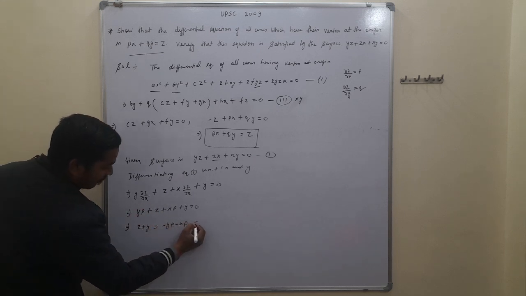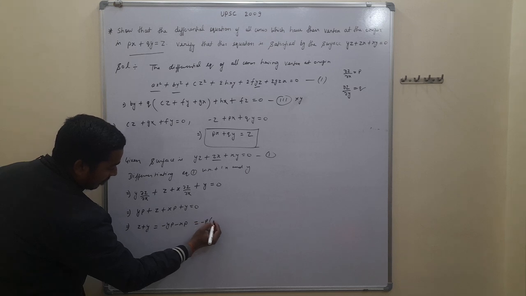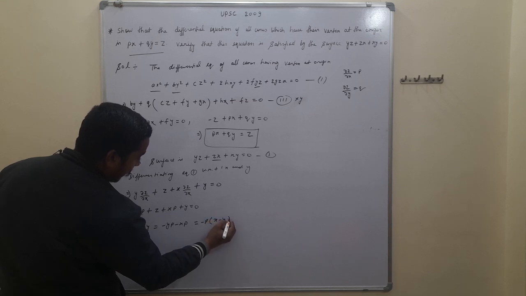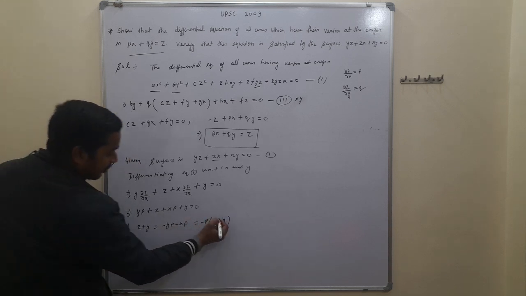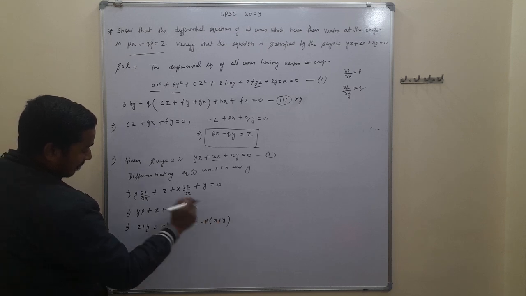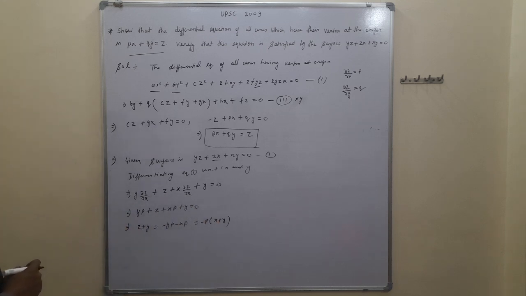Further, we have to take minus p common. This gives x plus y. When we multiply, this gives minus px and minus py.